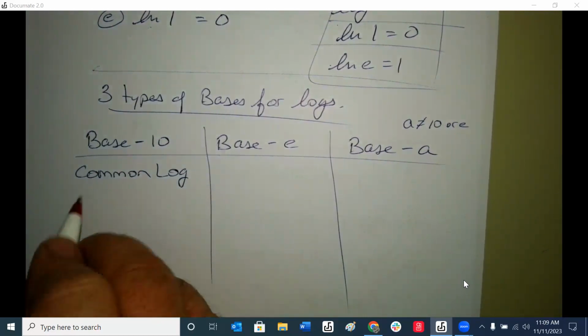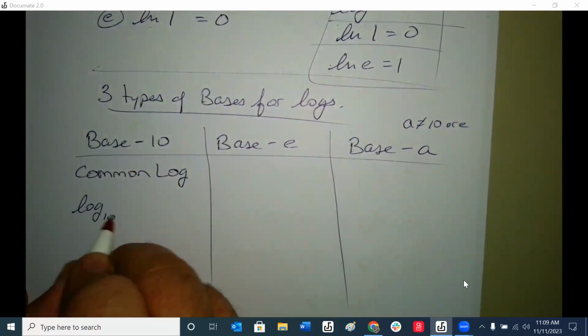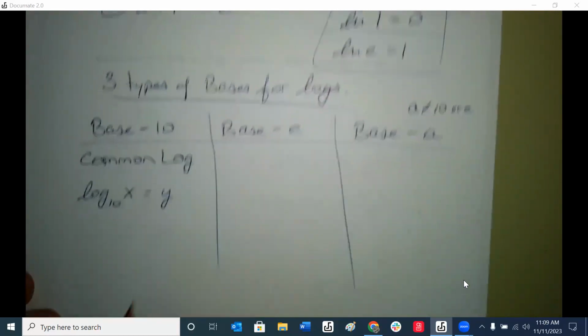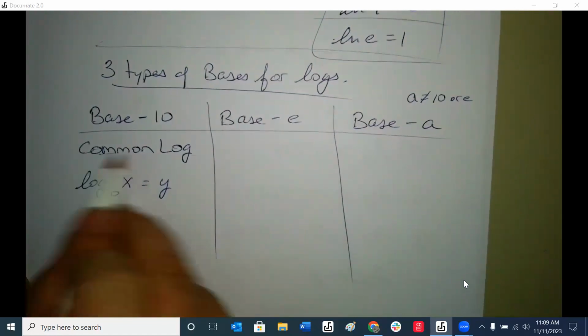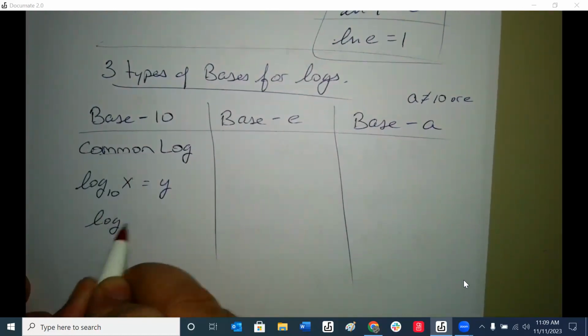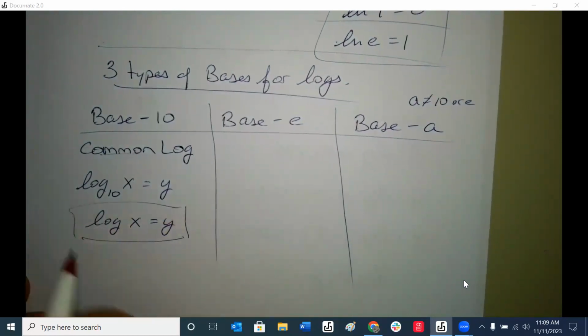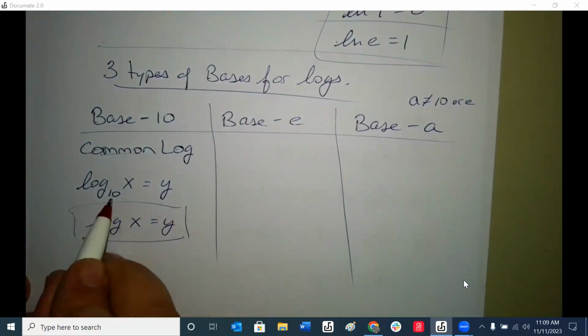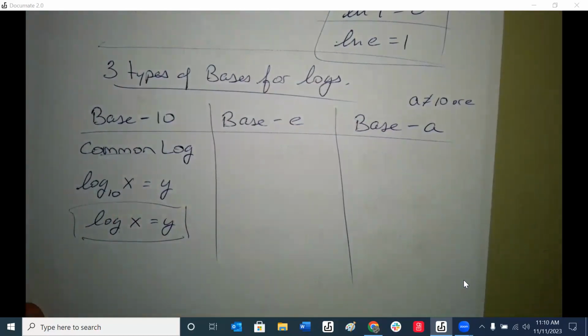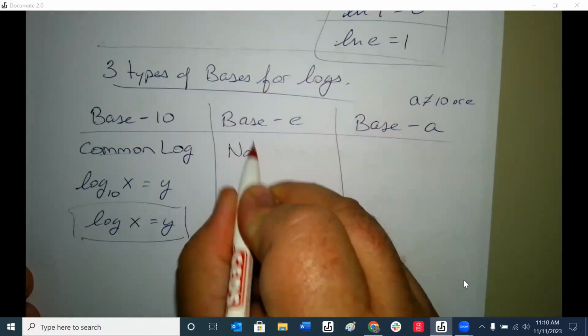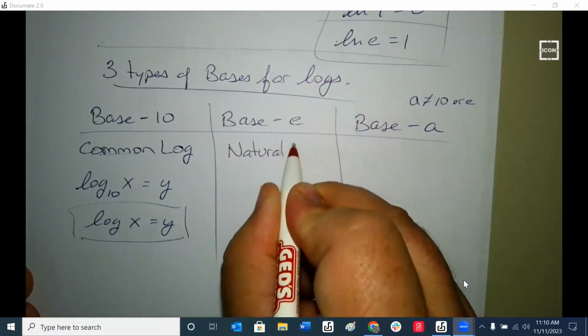So if you have a logarithm base 10, because it's common, you don't have to put that 10 down there. So if there's nothing down there, it's automatically a base 10. And that's what you'll see in the calculator. Base E is called a natural log.